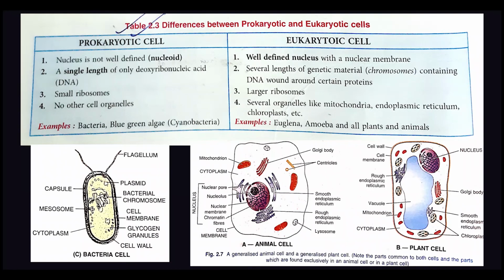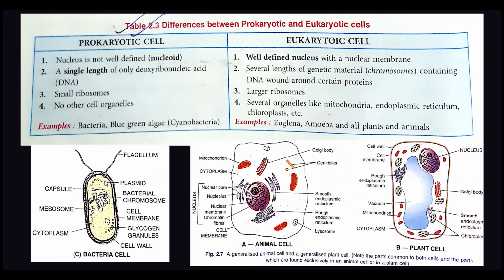Prokaryotic cell nucleus is not well defined, whereas in eukaryotic cell the nucleus is well defined. Prokaryotic cell has a single length of only deoxyribonucleic acid, that is the DNA, whereas in eukaryotic cell several lengths of genetic material, that is the chromosomes, containing DNA wound around certain proteins. Prokaryotic cells have small ribosomes, whereas the eukaryotic cells have larger ribosomes.